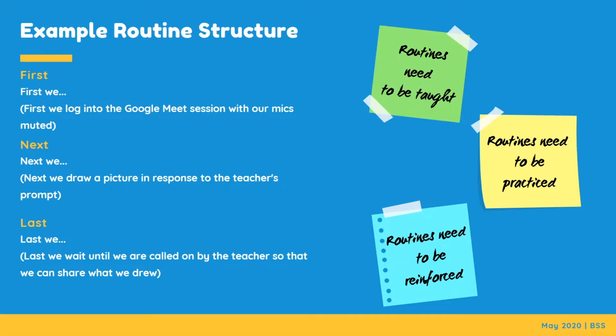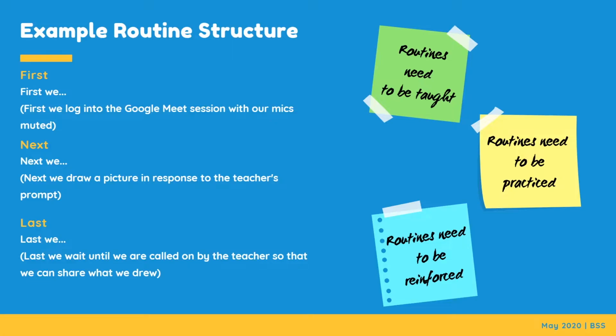So here's a quick example routine structure that you can use. In this example, I use the language of first, next, last. First we, next we, last we. This structure allows you to teach your routines with as few steps as possible, with as much clarity as possible, and in a way that can be easily displayed to your students.